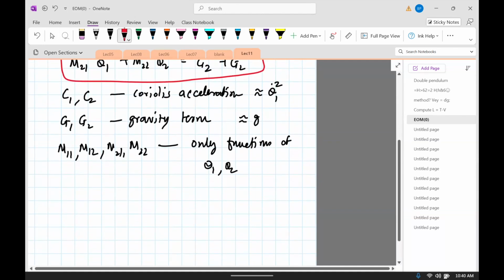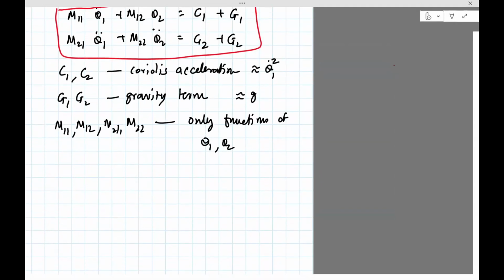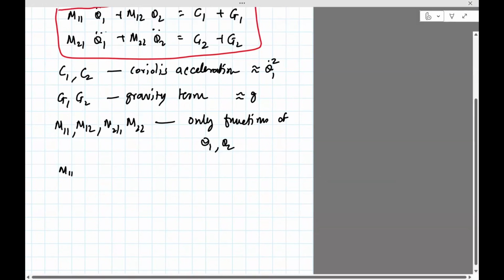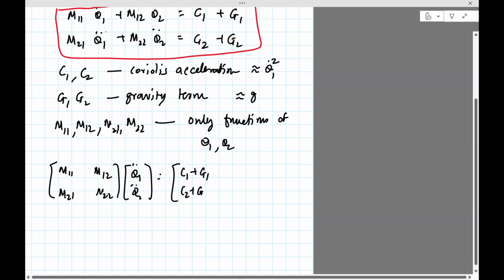So if you can isolate these terms, then you can write M11, M12, M21, M22, theta1 double dot, theta2 double dot equals, I'm just going to club these together as C1 plus G1, C2 plus G2, but we'll club them as N1, N2.